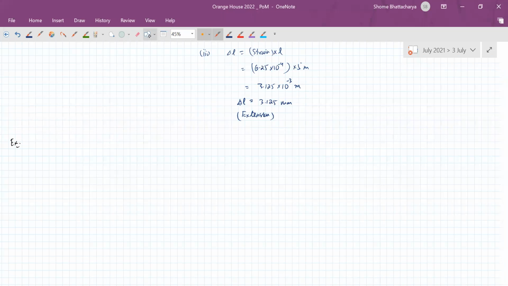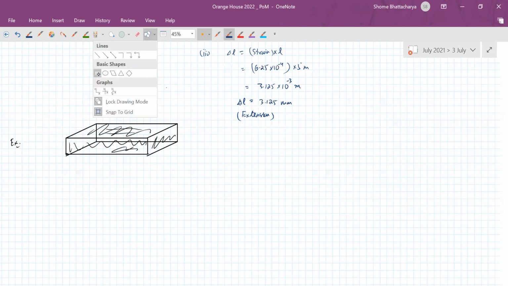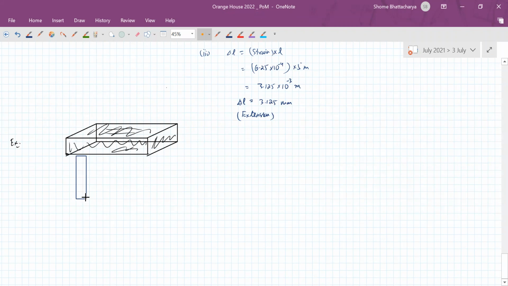So suppose we have this kind of situation. We have a heavy slab like this. Now this is supported by pillars like this.